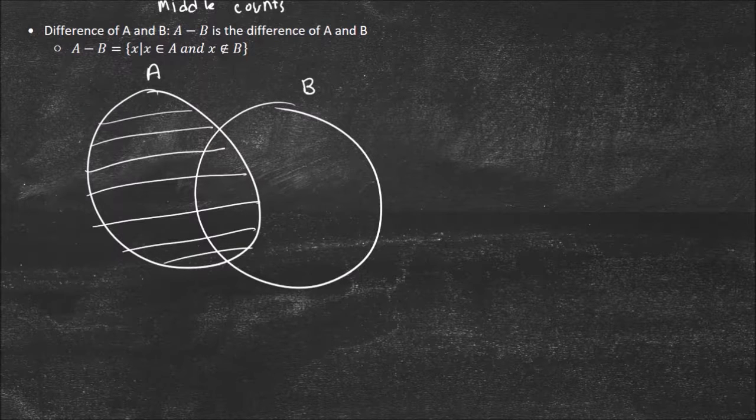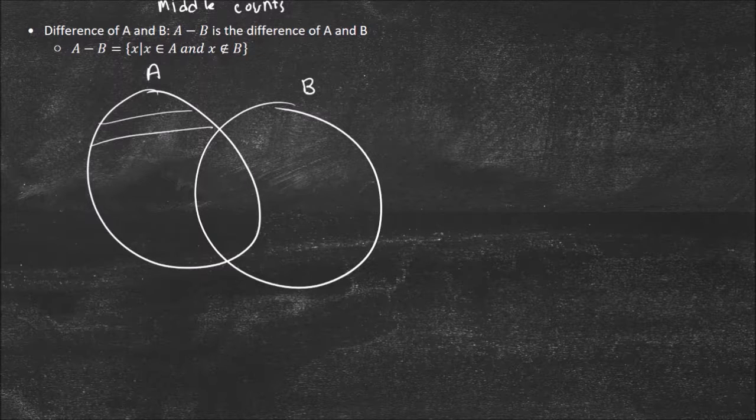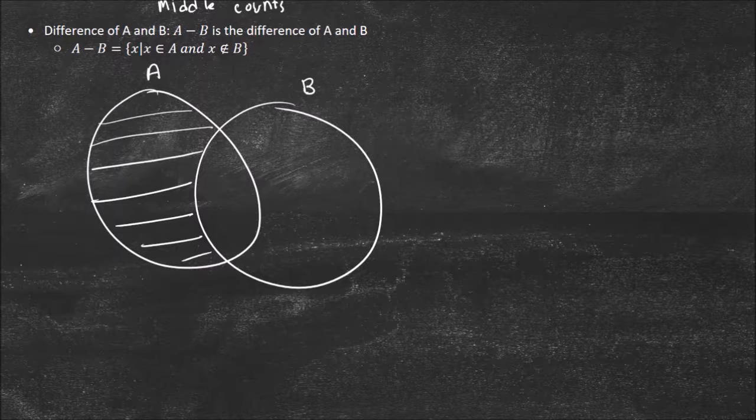Then x is not an element of B, so I need to erase anywhere where x is an element of B. That's already been highlighted, so those need to go away, right? I'm left with just this part. So A minus B is the part of A that's solely in A, not in B. That's the difference right there.